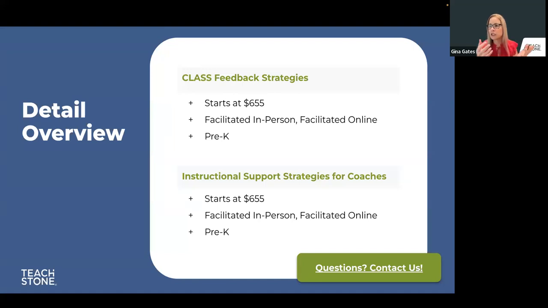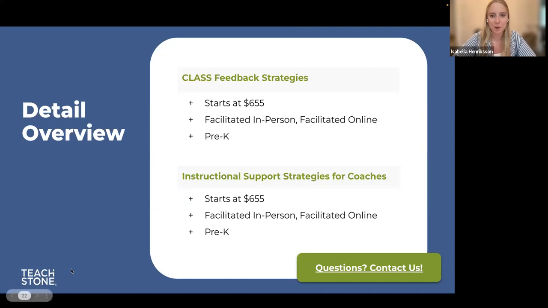So let's say somebody in Illinois wants a Feedback Strategies training for up to 16, we would come to you and do an in-person training at your location. I was able to confirm the prices are the same, so that pricing applies to both. So Gina is once again correct. That doesn't always happen though.